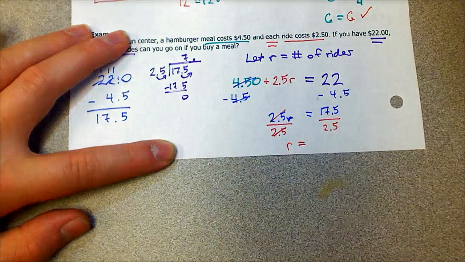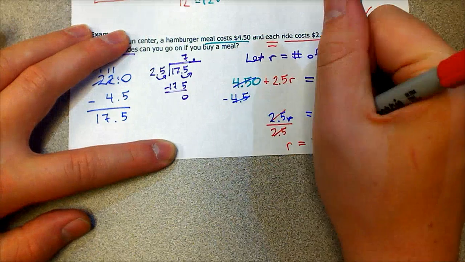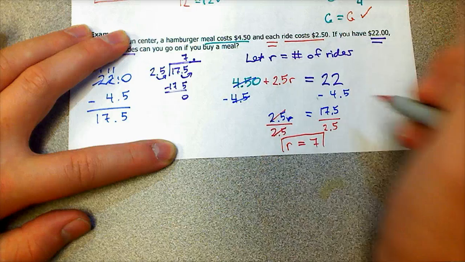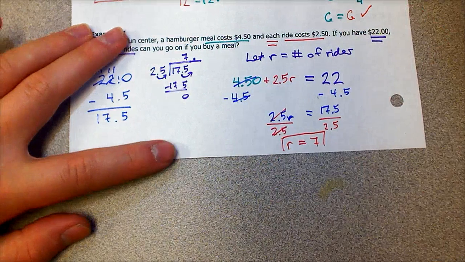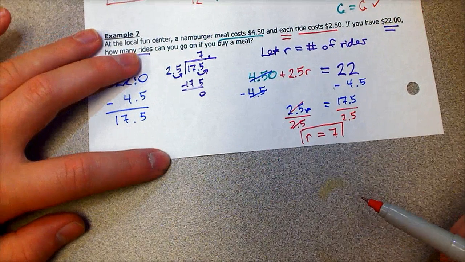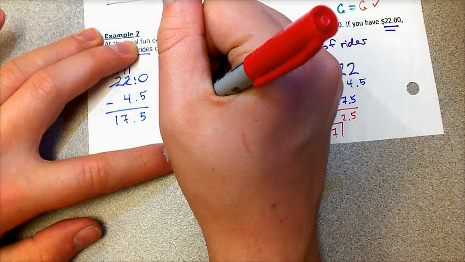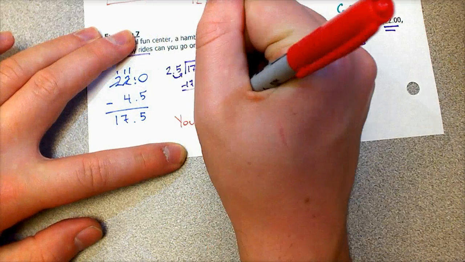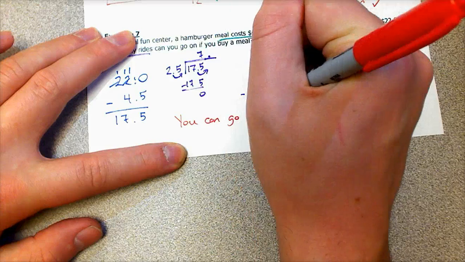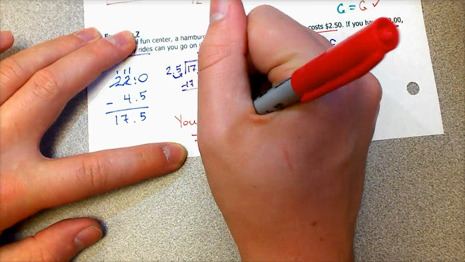So that means that R is equal to 7. And because it's a word problem, again, we want to put our answer in a sentence with labels. We can say, you can go on 7 rides.